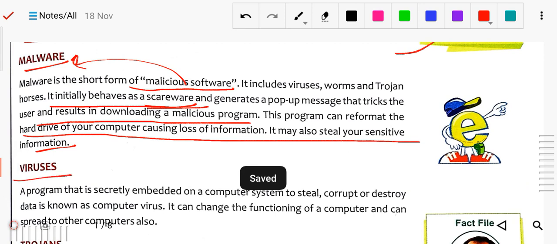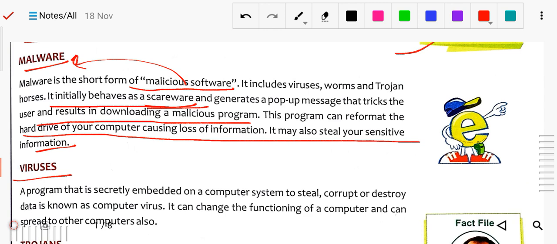Now next is virus. First of all, the full form of virus. Virus is vital information resource under siege.